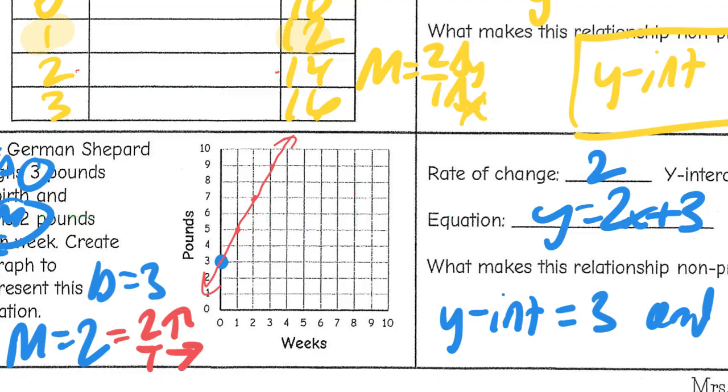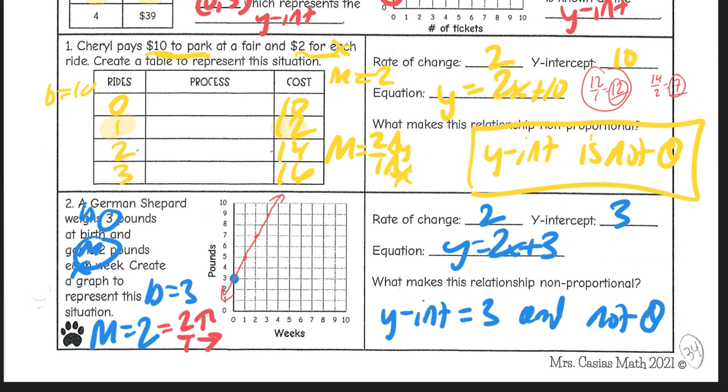And you can clearly see it's not proportional because it's not going through the origin. Okay? And y over x would not be constant. What that means is 3 over 1 is 3. But 5 over 2 is not 3. So there you go. So there's the difference between proportional relationships and non-proportional.